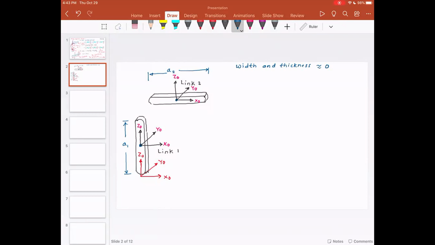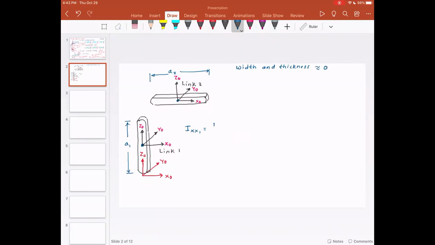So I'm going to write the equation for Ixx1. Ixx1 is going to be 1 by 12 m A1 square.